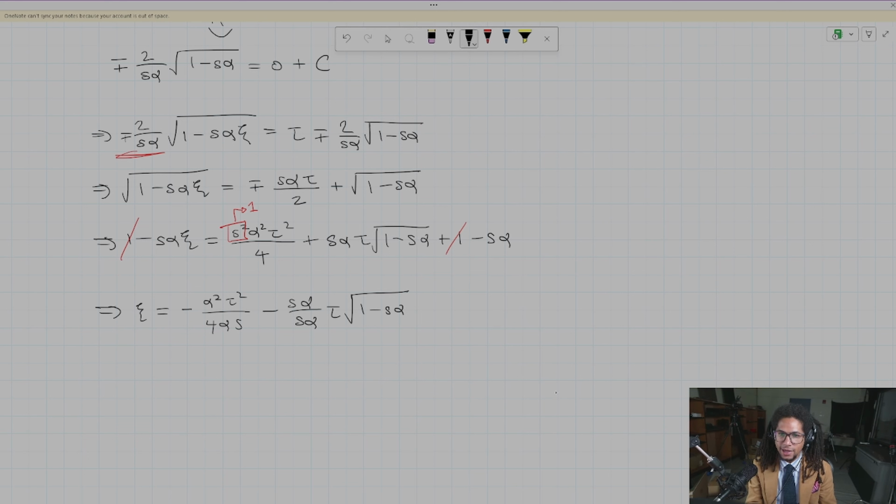And then lastly, I have a minus S alpha here, so that's going to just cancel and I'll just get plus 1. This also obviously cancels, so I just get that. Good. And I guess while I'm making cancellations, this 4 alpha s should just become alpha over 4s. And then s is the same in the numerator or denominator, so I might as well move it to the numerator.